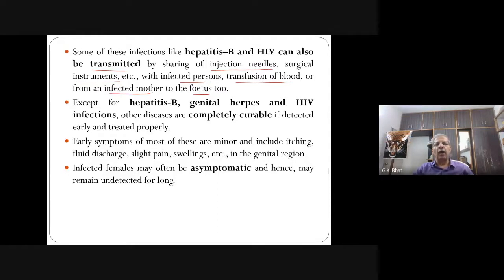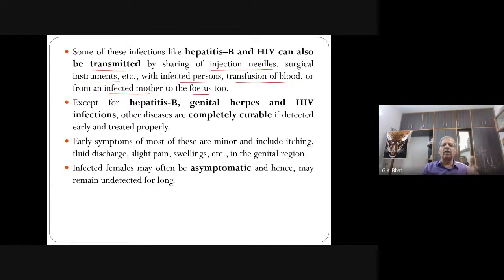So, apart from coming in sexual contact with an infected individual, you can also get some of these infections, especially hepatitis B and HIV, simply by sharing injection needles, surgical instruments, or even sometimes razors with an infected person.